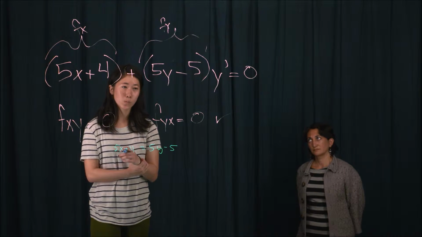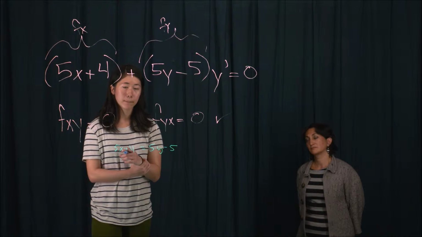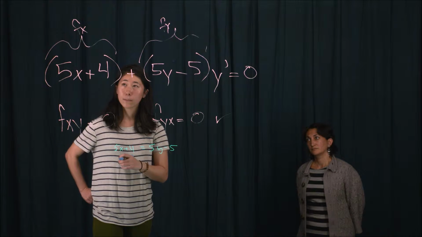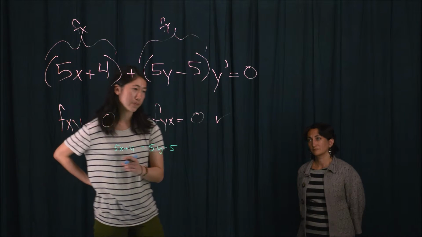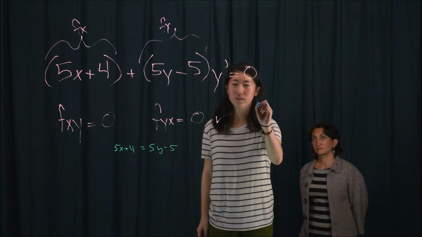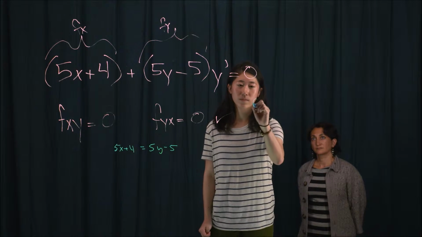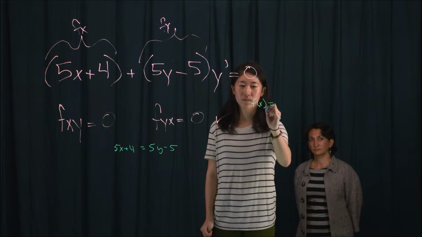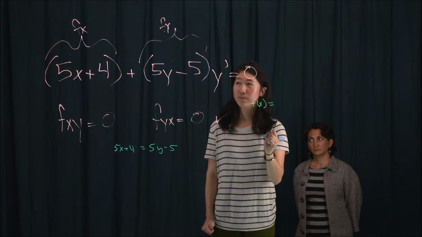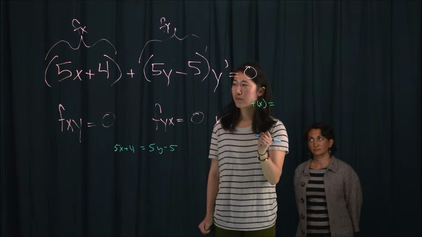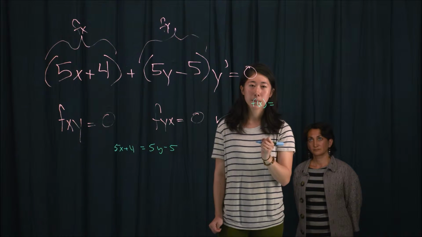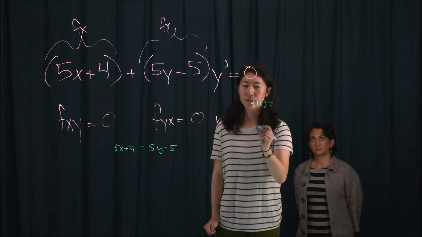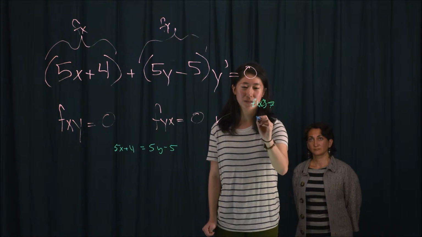Mm-hmm. So if you know f of x is 5x plus 4, can you write that on the side so we kind of distinguish it? So we have f of x equal to, correct, so that's the function of x. But here with f of x, it means the partial derivative of f with respect to x.